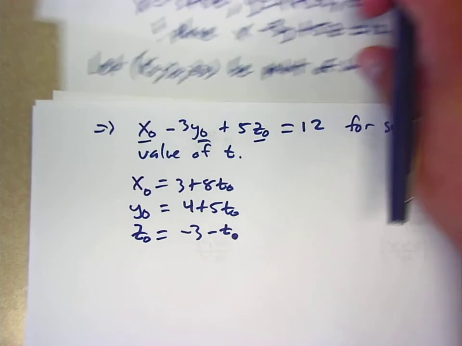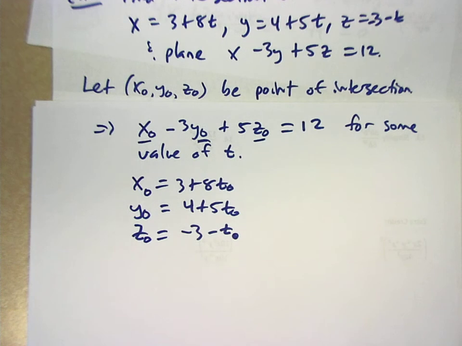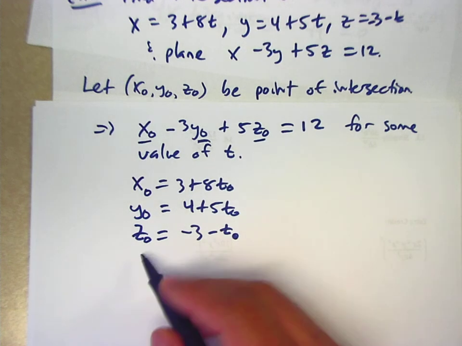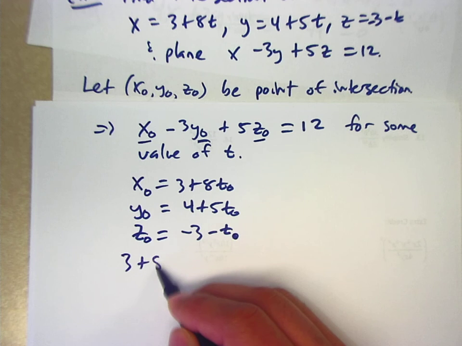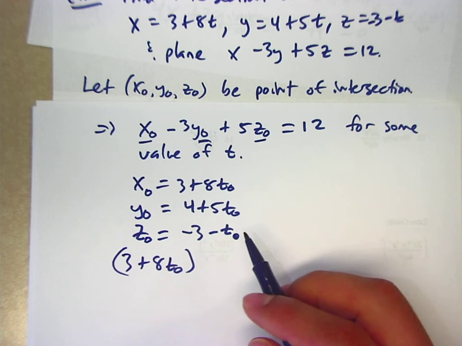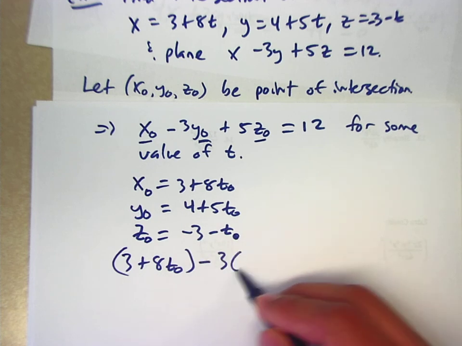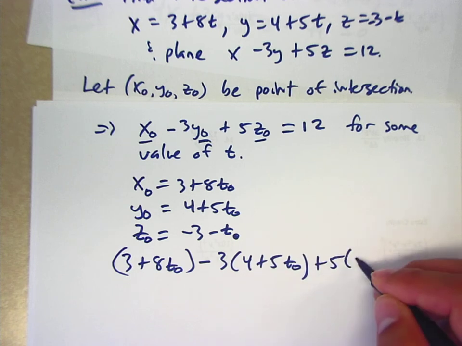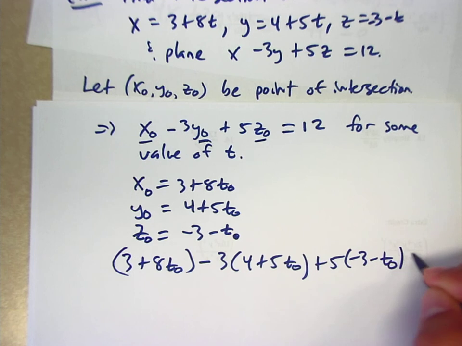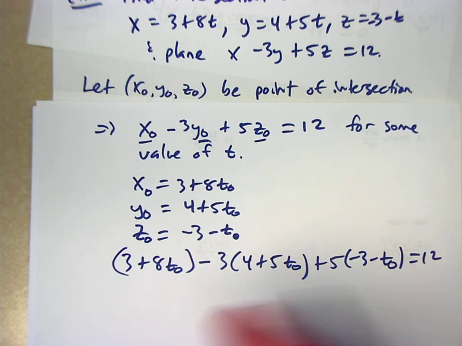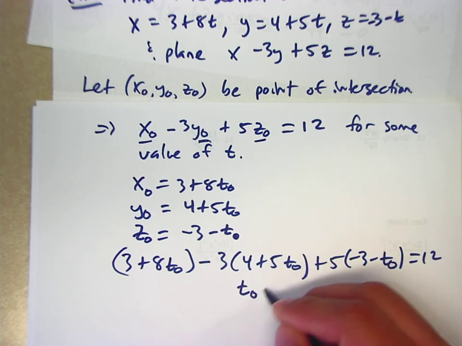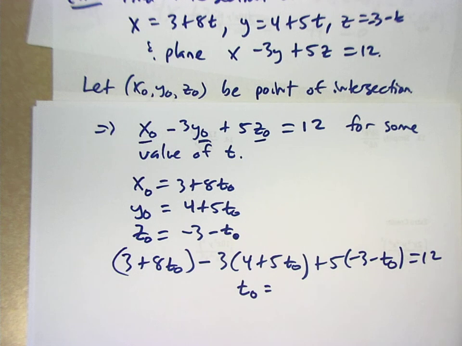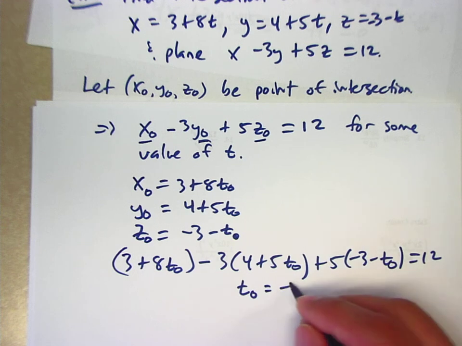Okay, and so now if you go ahead and replace those into the equation, you get 3 plus 8 times t naught minus 3 times 4 plus 5 times t naught plus 5 times negative 3 minus t naught. That's going to equal 12. And in the interest of time, I'm just going to say that after you distribute, combine like terms and get t naught by itself, you get negative 3.